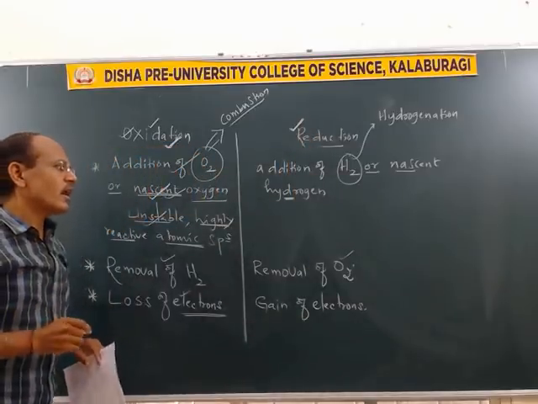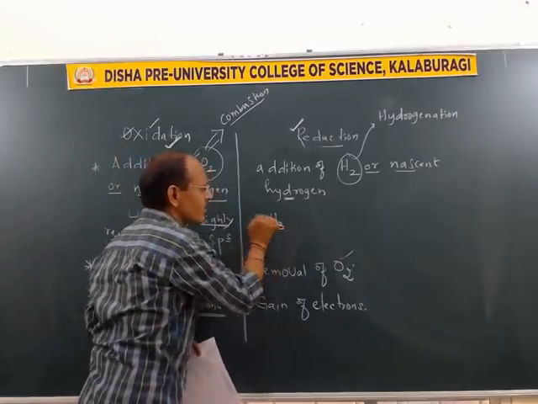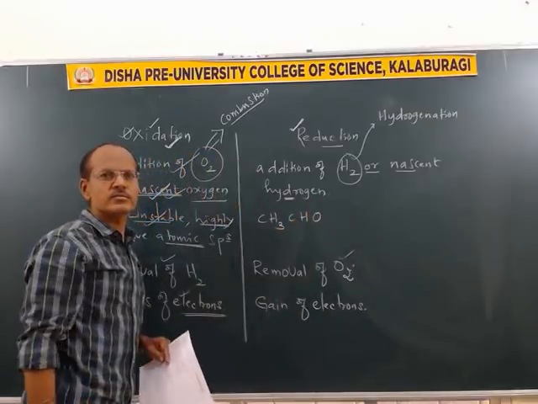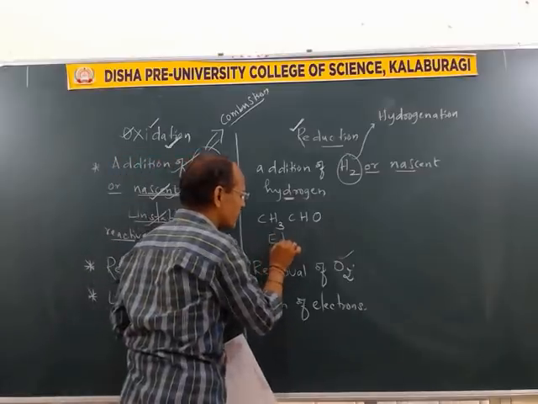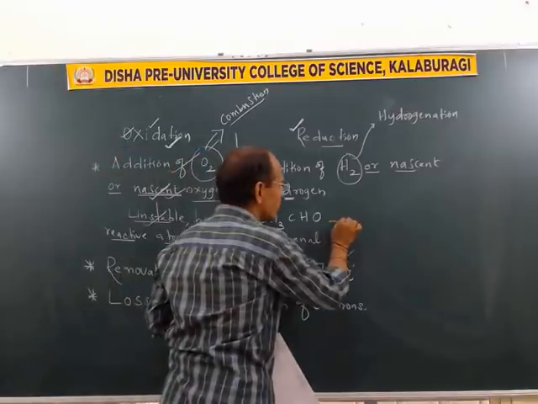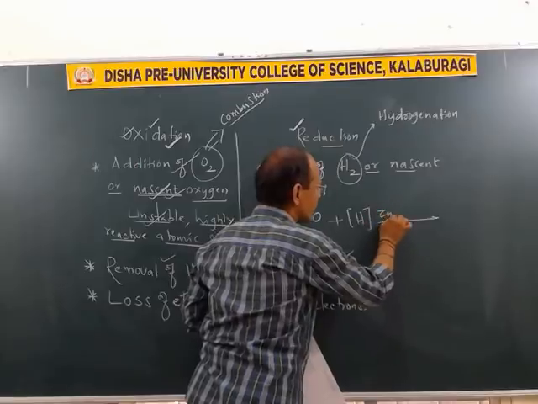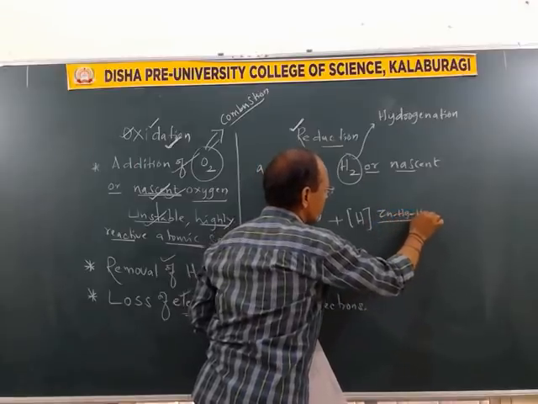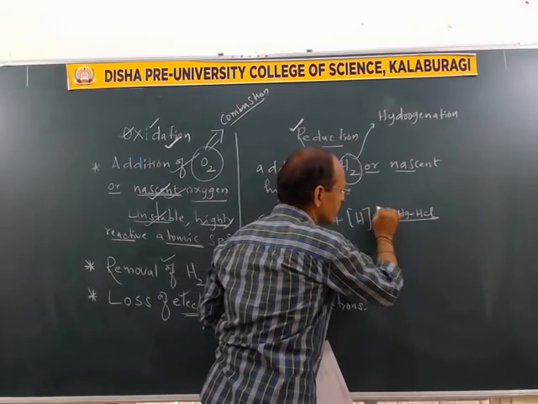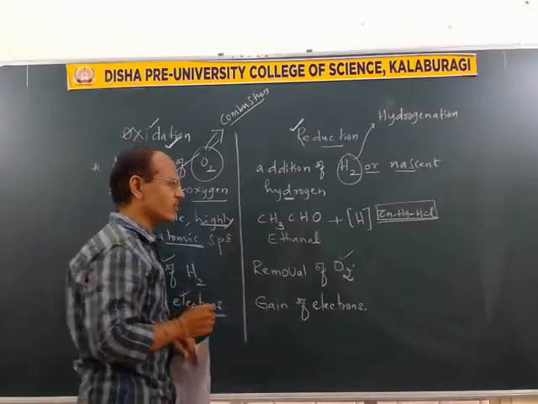Okay, now I'll put one example here. CH3CHO, this we call ethanol. To this, if I add hydrogen in the presence of zinc amalgam with HCl, later on I will tell you what it actually is, but at this junction we will see what the reaction is.